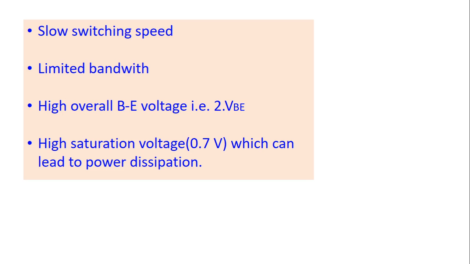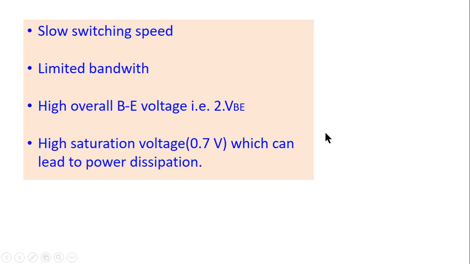The bandwidth is limited in this case, and since this is a connection of two back-to-back BJTs, for turning these BJTs on, we require at least 2 times the value of the voltage VBE. Also the saturation voltage is high in this case, so that will lead to more power dissipation, and it also requires a higher voltage to turn it on.